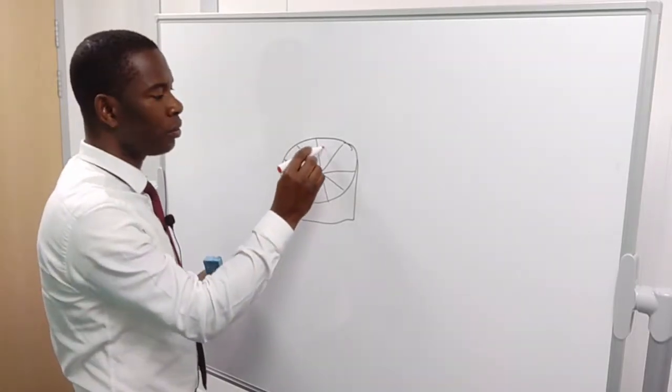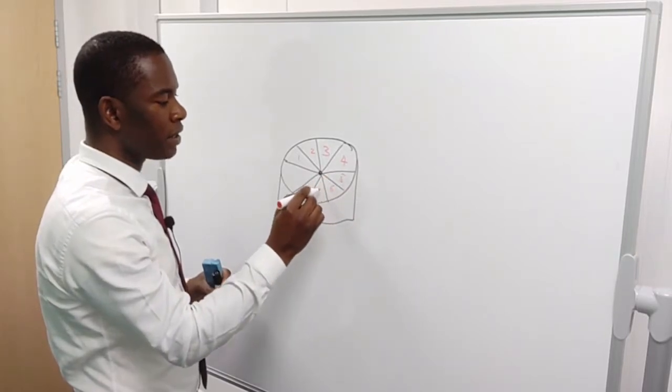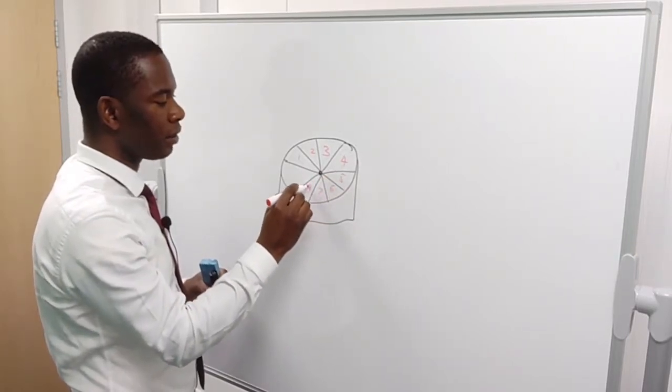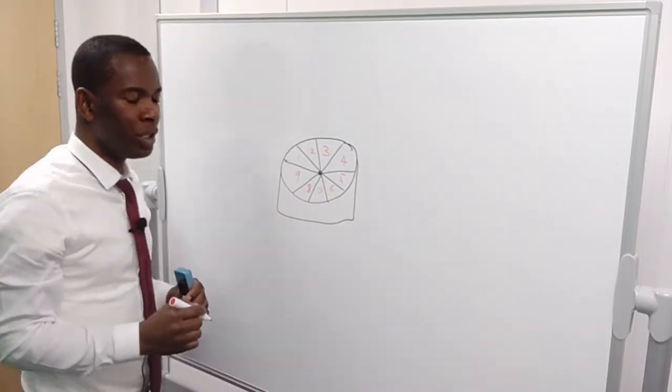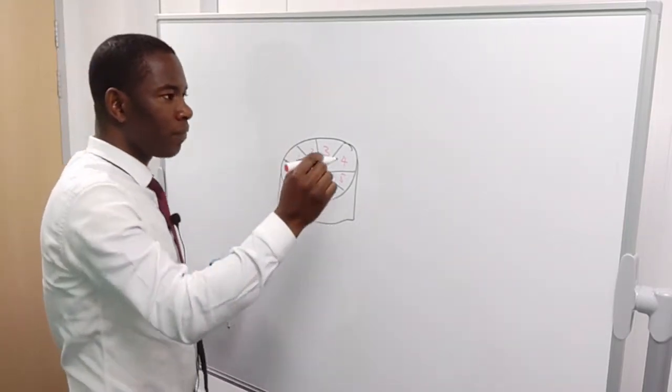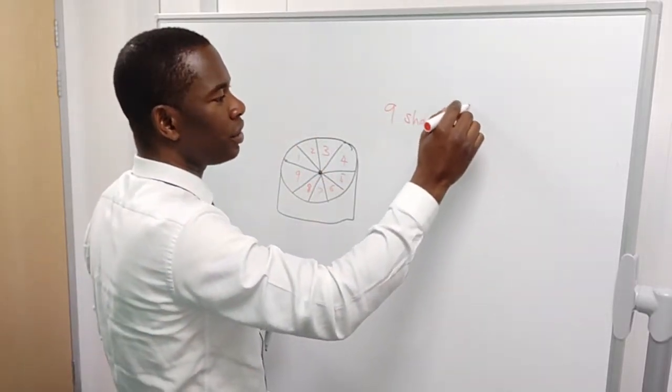1, 2, 3, 4, 5, 6, 7, 8, 9 shares. These 9 shares we call authorized shares.